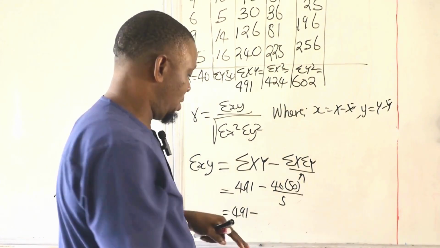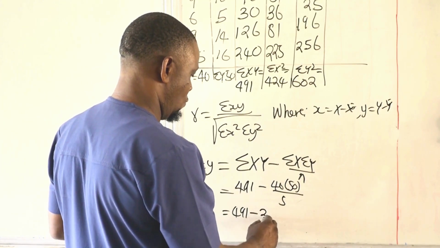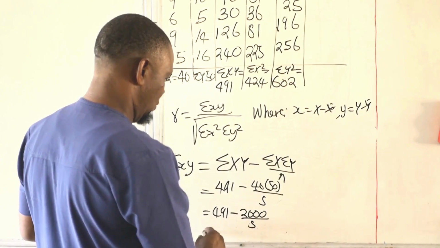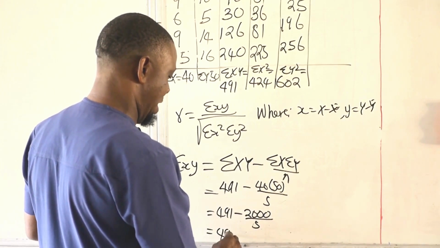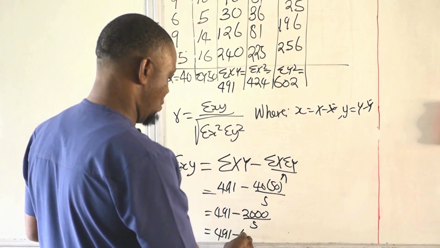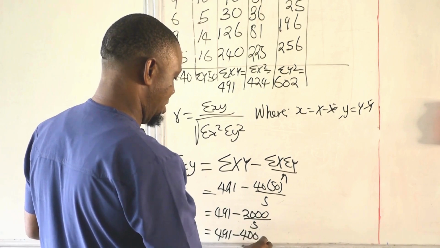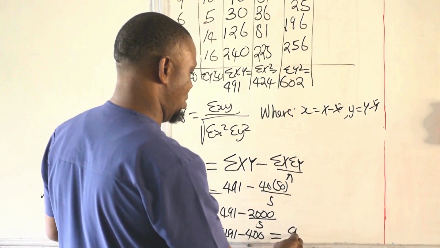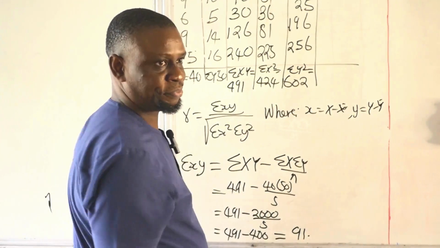Your calculator, please. 40 times 50 will be 2,000. Then all over 5. So this will be equal to 491 minus 2,000 over 5, which is 400. And then 491 minus 400 will be 91.